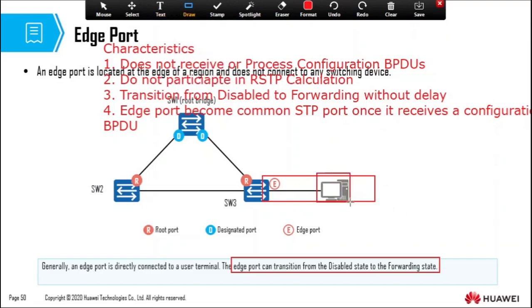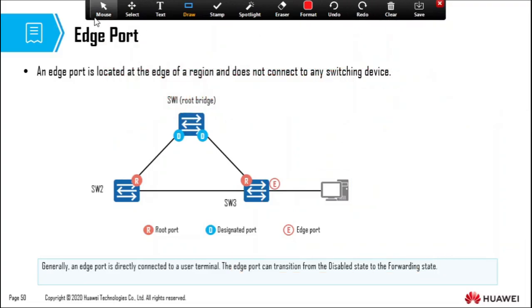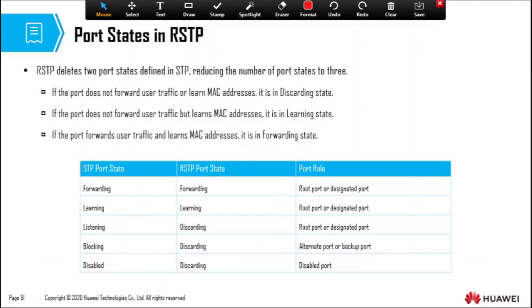So if a hacker sends a configuration BPDU to this edge port, it's going to cause network flapping, because your network is going to waste about 50 seconds to recalculate the STP loop-free tree topology. There are ways in which you can configure that to prevent hackers from causing your network to flap. There's a security feature that you can use for that. When you get time, you can research it.